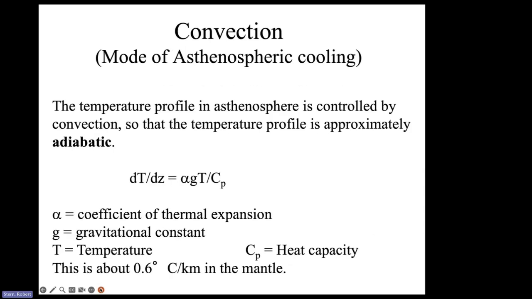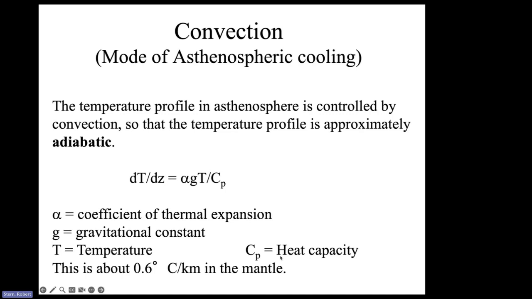Convection, the temperature profile is controlled by convection. And this term adiabatic is basically that heat is neither lost nor gained as a result of convection. So for that temperature gradient, dT/dz, that's equal to this equation, which is the coefficient of thermal expansion times the gravitational constant times the temperature divided by the heat capacity.